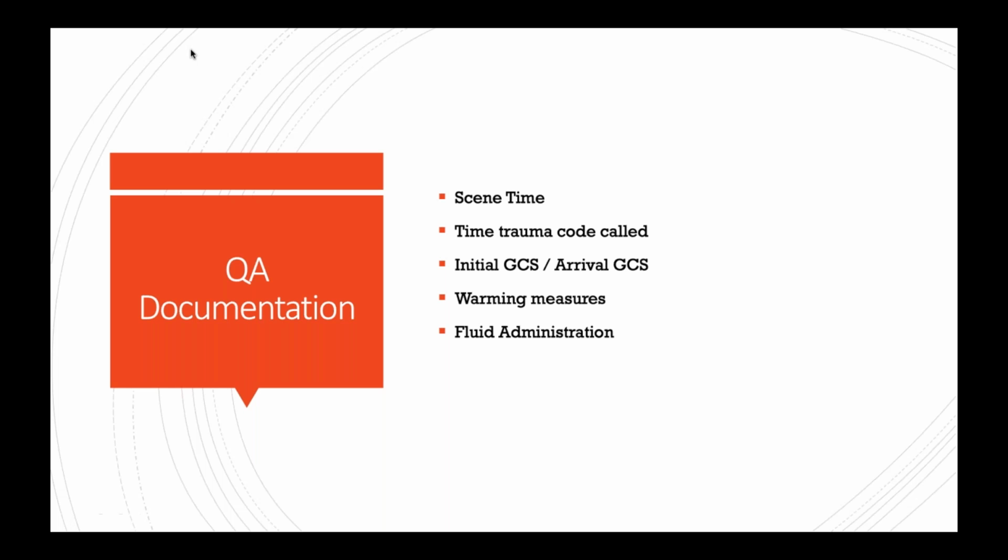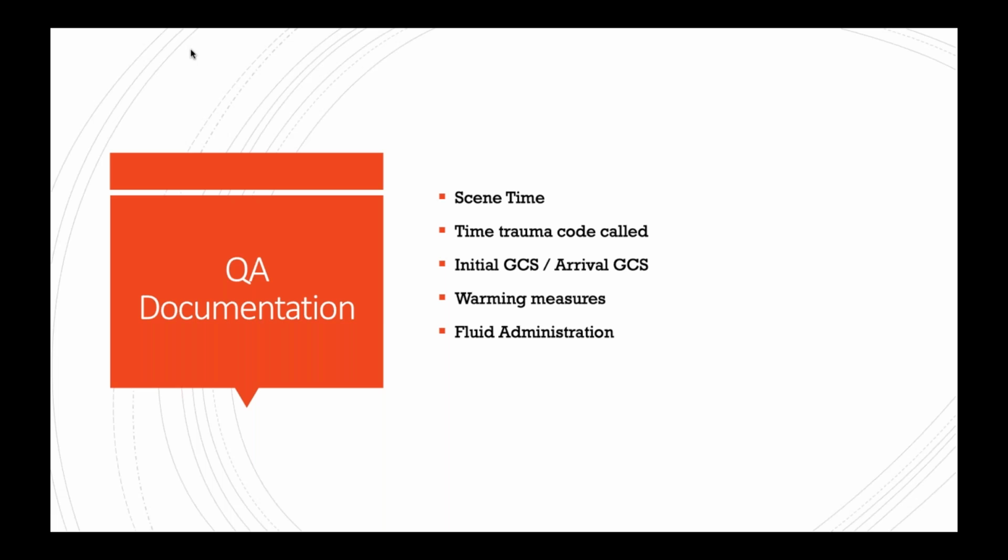Okay, so the QA documentation. This is when our reports are pulled at the state level and internally for us. These are the things that I'm going to be looking for when it comes to QA documentation.